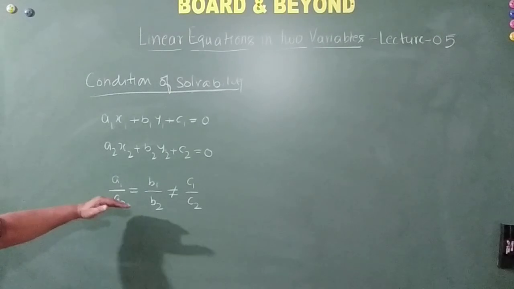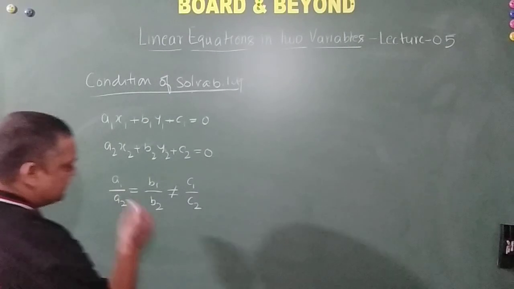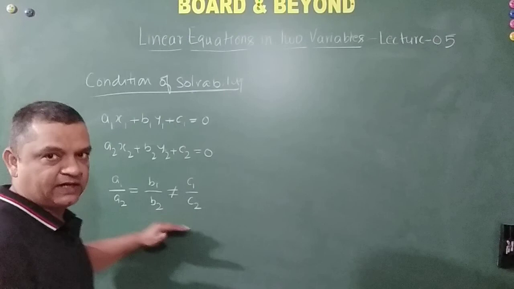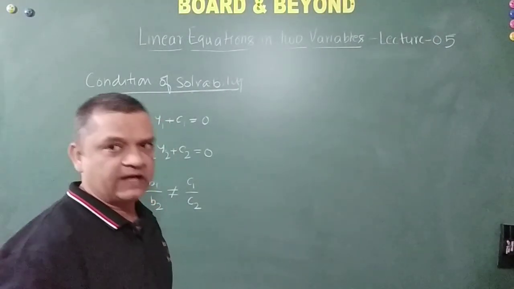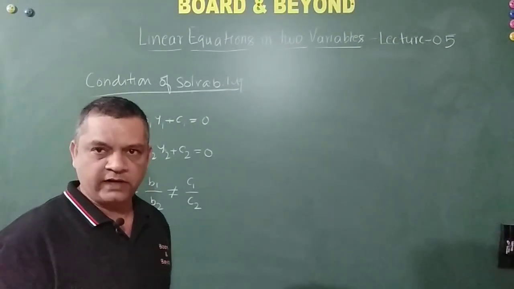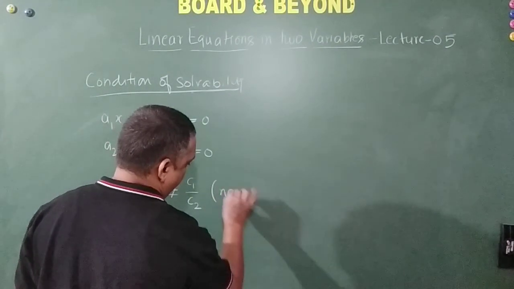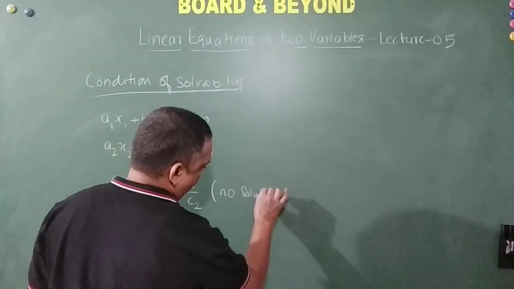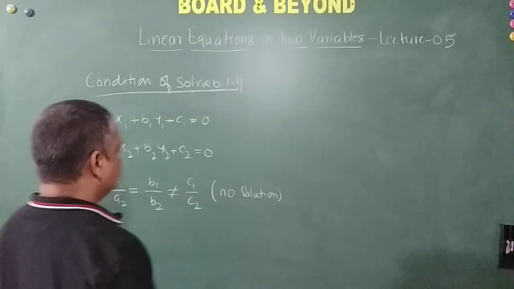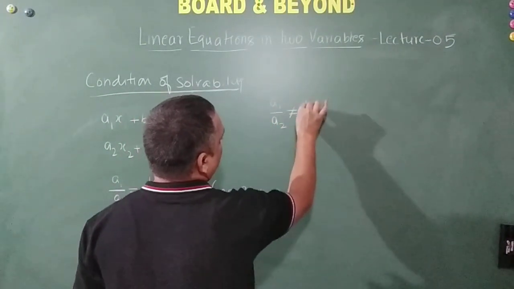You are able to see this? In this scenario, when a1 by a2 is equal to b1 by b2 but it is not equal to c1 by c2, this system of linear equations will have no solution at all. The second situation is, let us say, a1 by a2 is not equal to b1 by b2.